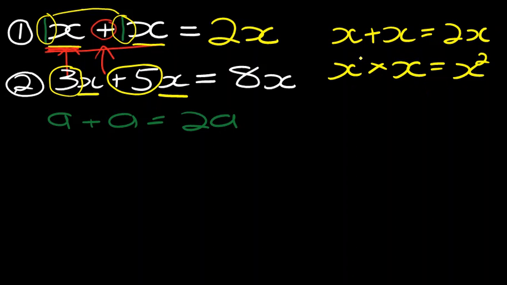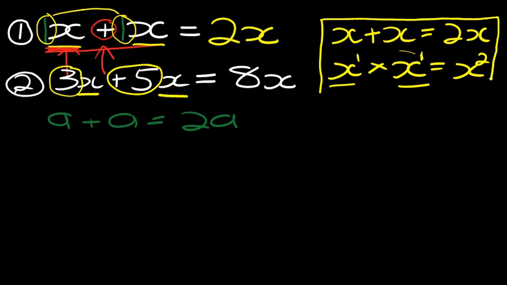But let me just say now, this x has an exponent of 1, and when you multiply variables that have exactly the same base, you add the exponents, and that's why it's 1 plus 1, it's 2. If you can remember these two simple equations, then it will help you so much in a test or an exam. So I would suggest writing this down before a class test or a term test, in the beginning of the paper. This will help you tremendously.